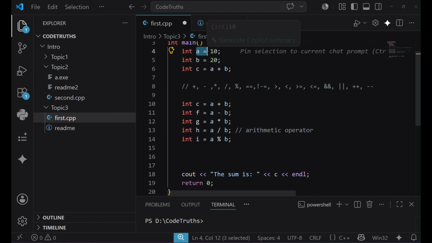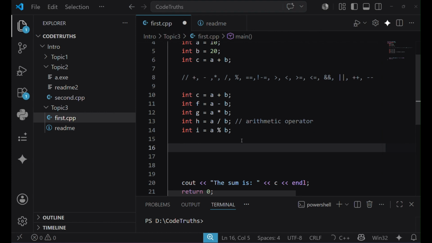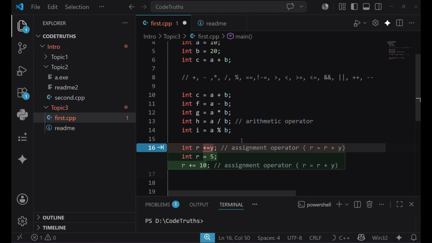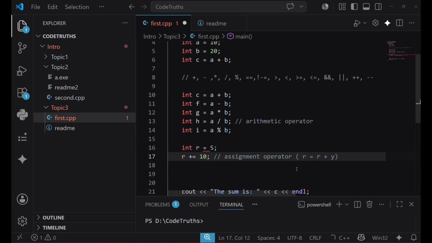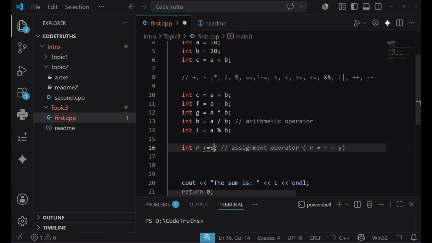But there are some operators used to do calculation as well as assignment, like int r, then r plus equal to y. This is also called an assignment operator. What it is doing is r equal to r plus 5, for example.